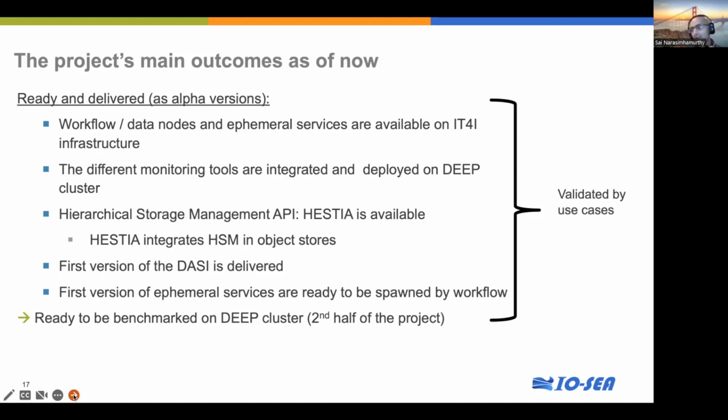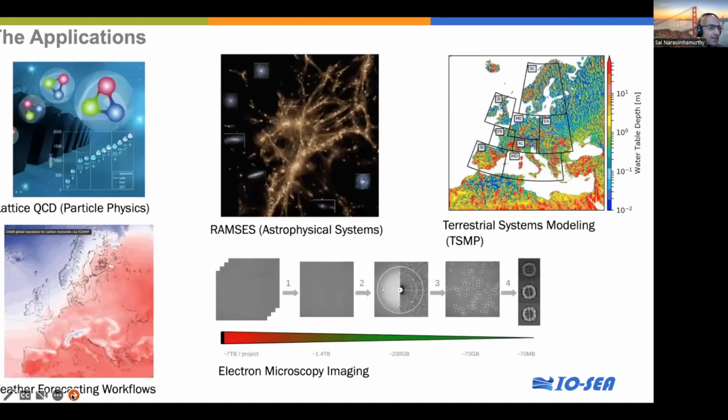So we just had a month 18 halfway review just a couple of weeks ago. So we are in the second phase of the project, and everything will finally be validated by the use cases. And this is a quick peek at the kinds of applications. I won't go into detail, but this is just to give you a feel for what we have.